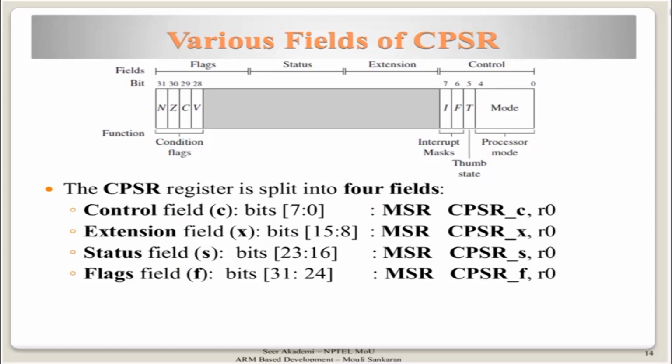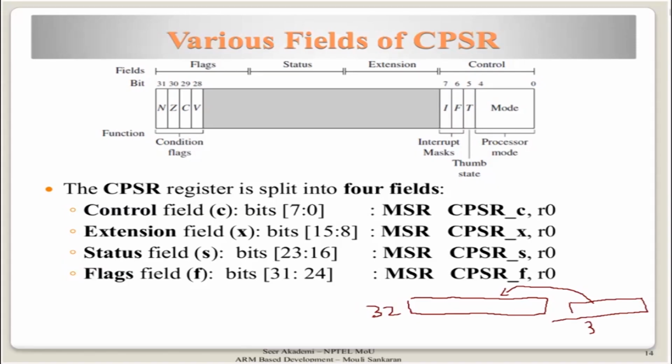Why have they done this kind of 8-bit field? It is again the same reason that I told you for constants. In a 32-bit instruction, if you want to specify some 32-bit value, you need another 32 bits of constant, which is not possible with one single instruction that is 32 bits wide. So if you recall, I mentioned that you can mention an 8-bit constant along with the MSR.